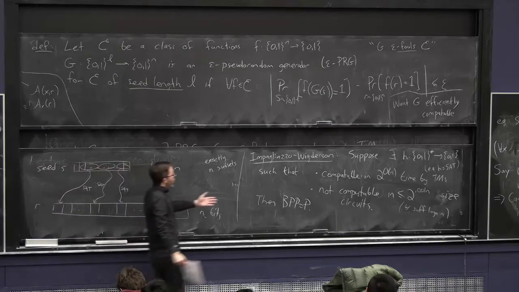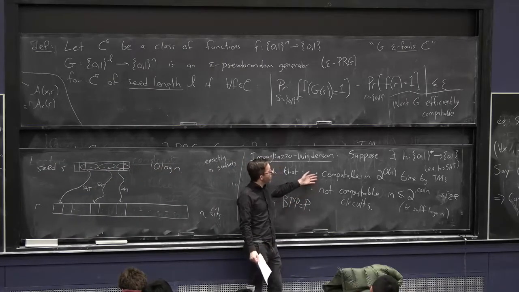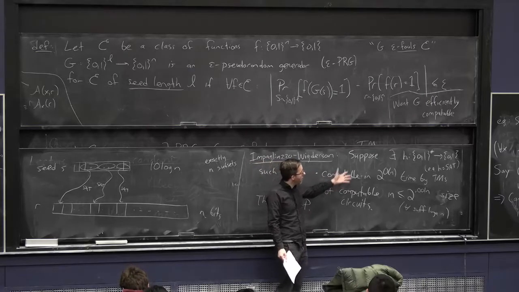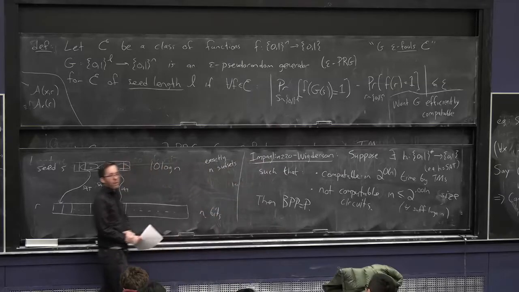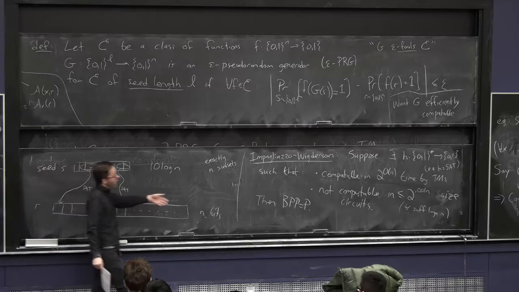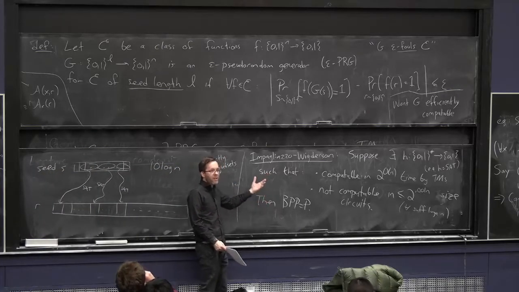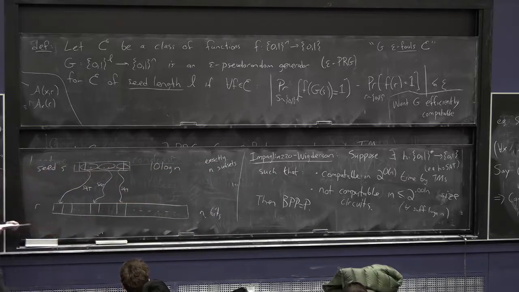So it doesn't prove that this is true, but if you find this believable, and many people find this believable because many people believe that SAT has this property, then you're forced to conclude that derandomization is always possible. So it's a strong assumption. It's a stronger assumption than P equals NP. It's stronger even than this assumption called the strong exponential time hypothesis, but still believable.